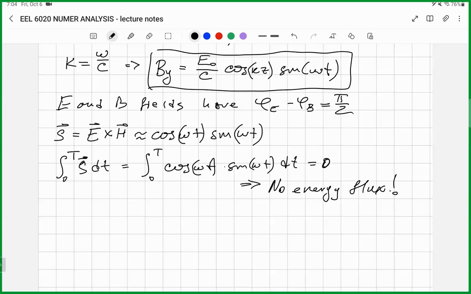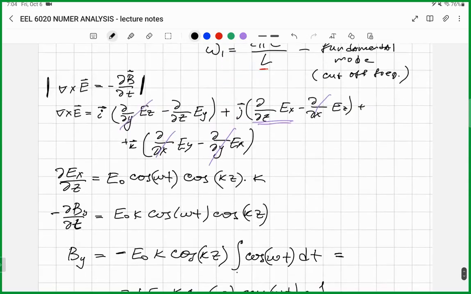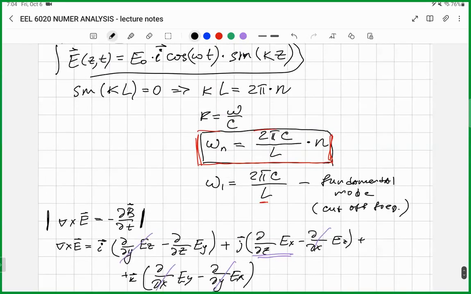The wave travels back and forth from one mirror to another mirror, bouncing off. And most importantly, why is it a resonator? Because it resonates. Why?